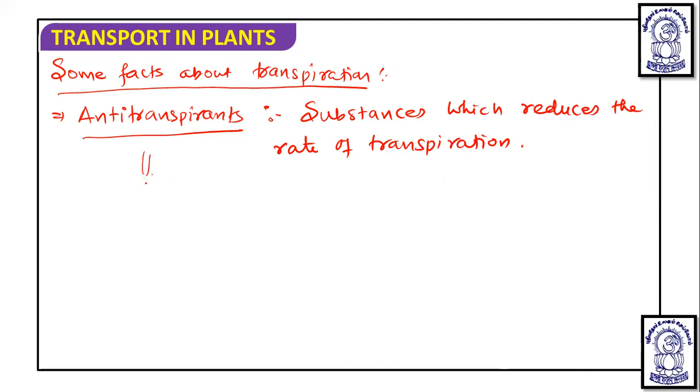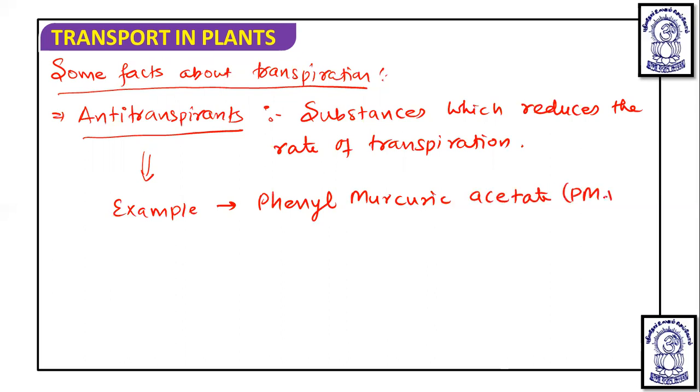If we talk about examples of these anti-transpirants, they include phenyl mercuric acetate, and this phenyl mercuric acetate is PMA. Then another one is aspirin, that is salicylic acid.